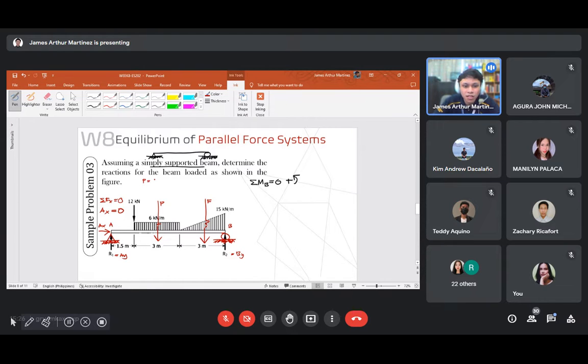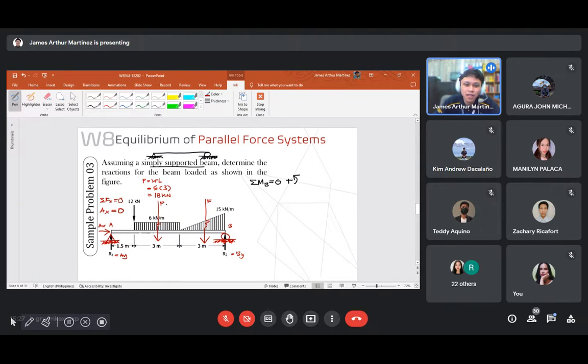So P is just equal to WL for a uniformly distributed load. The magnitude is 6 kilonewton per meter times the length, the span where your distributed load is acting. So 3 meters, right? So 6 times 3, that is 18. So 18 kilonewtons.